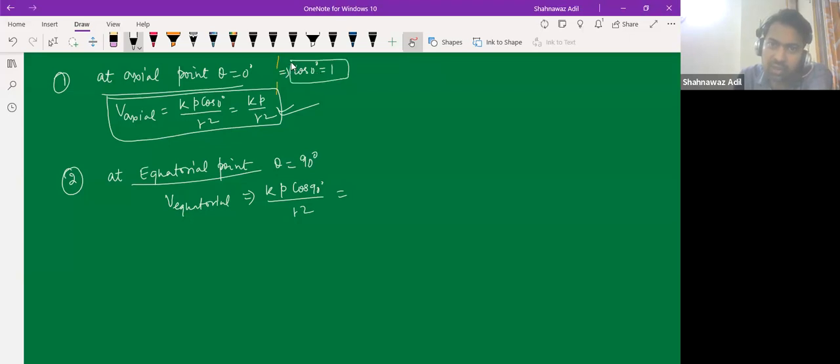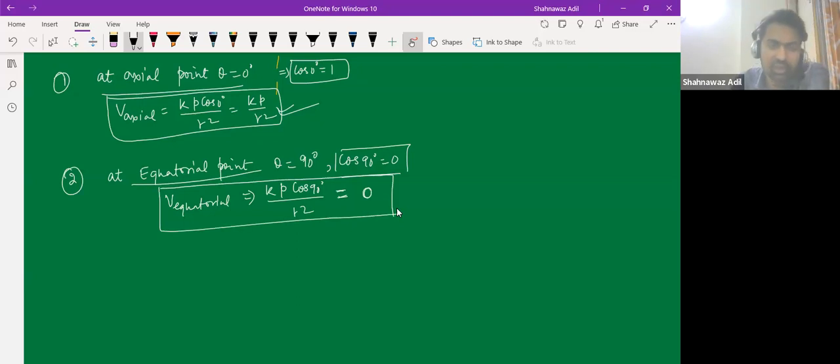So cos 90 will then be 0. So this whole thing multiplied with 0 becomes 0. So at the equatorial point, potential is 0. So these are the two findings, whatever we got.